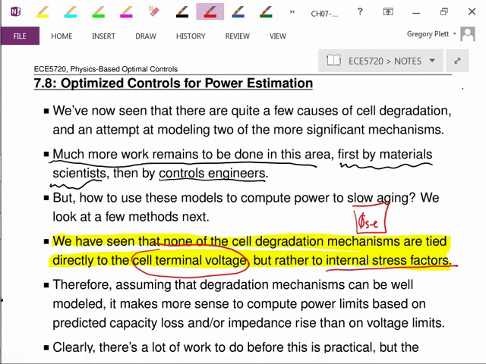So if we can compute phi s minus phi e, then we can also compute the degradation that we expect will happen due to proposed different profiles of future current versus future time. That's the whole idea here. If we can make models that are coupled directly to whatever internal stress factors exist, in this case phi s minus phi e, and if we can model those internal stress factors, then we have a hope of implementing better controls.